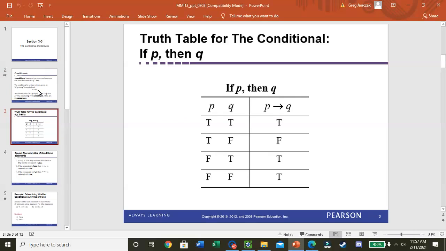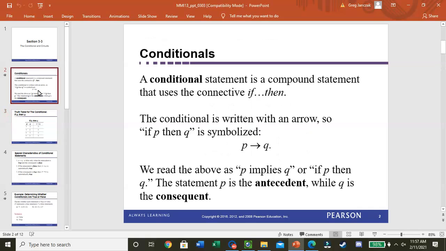The truth table is what? Yeah, you want to write this down. Which one? This one? Well, this is just notes here. It's nothing to write down.